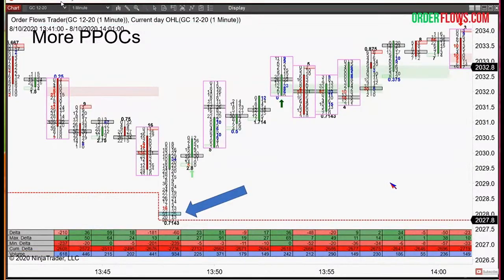Here's gold, right? It's a 1 minute chart from yesterday. Going right off that low at 2028, a big prominent point of control is sticking out right there.